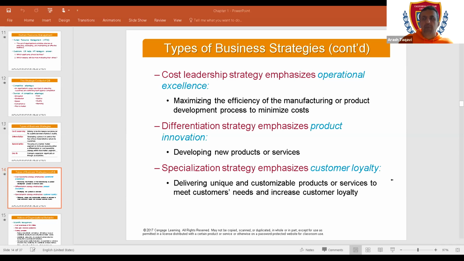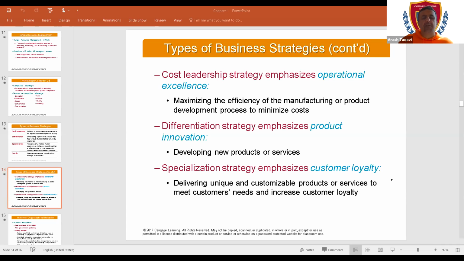But for example, for return policy, Target and Walmart are very good. They create good customer loyalty. Why? You feel comfortable working with Walmart or Target. Everything you buy, if you don't like it, no question asked, you can go there and say, I don't like it. It creates good customer loyalty.